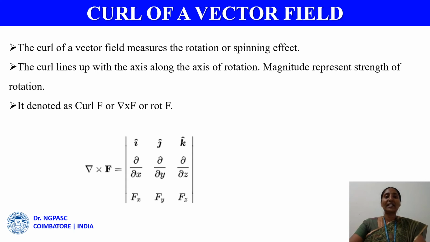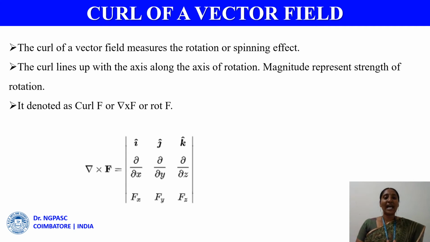Next we see another important function, the curl of a vector field. What is curl? Curl is a measure of rotation or spinning effect. If you are in a windstorm, the curl would measure the tendency of something to rotate in that field.